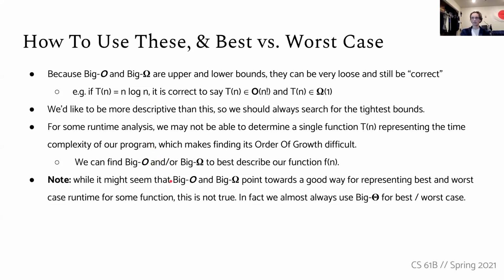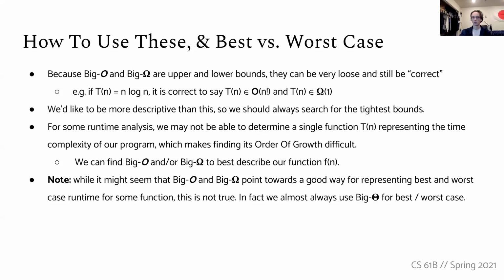And while it might seem that big O and big omega are kind of analogs for best case and worst case, this isn't always true. In fact, we will be showing that best case and worst case are going to be independent of our input n and actually depend on the characteristics of our functions.